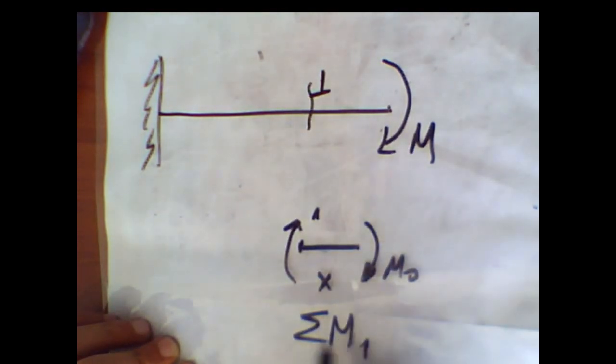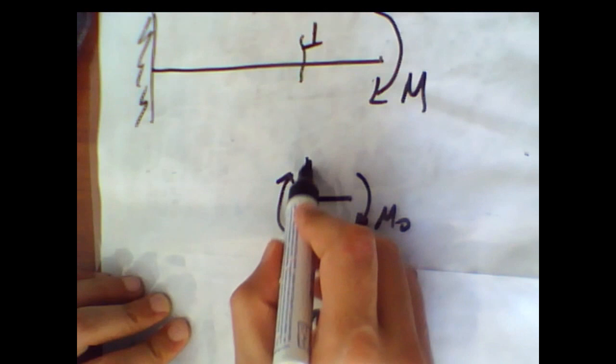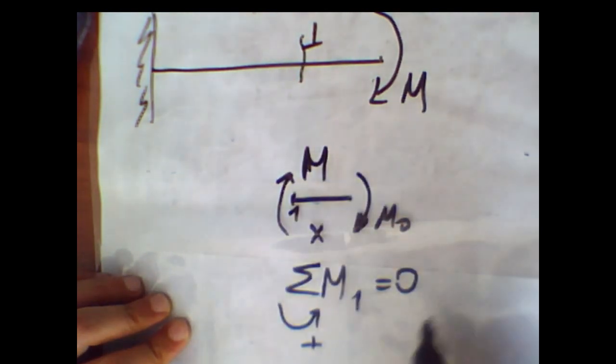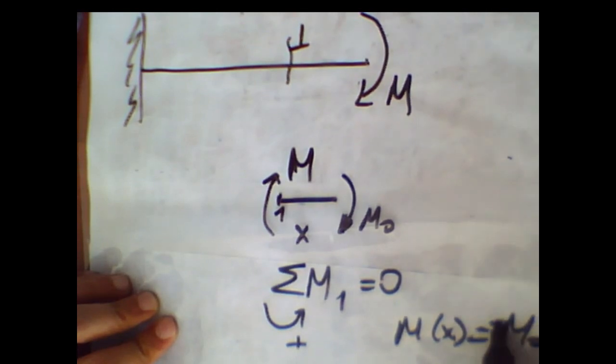Sigma M1, I want to take the counterclockwise, is equal to the total moment is 0. Therefore, I want to say this M(x) is equal to directly minus M0.